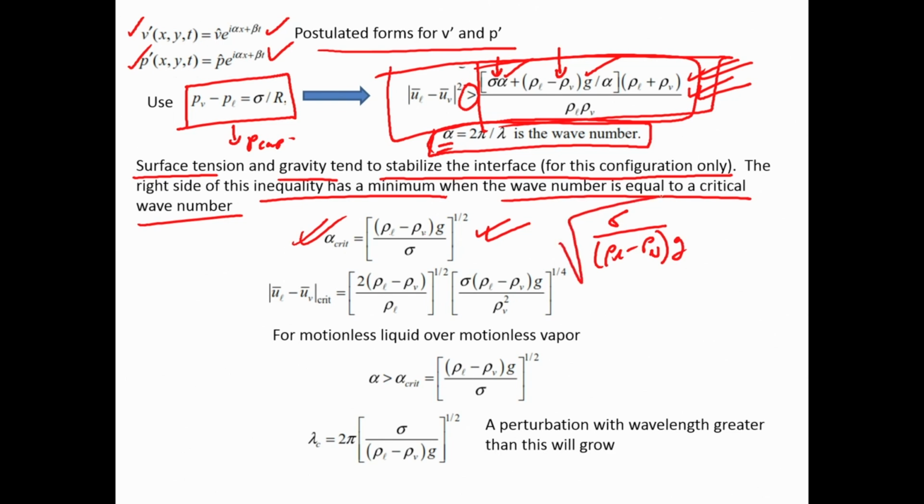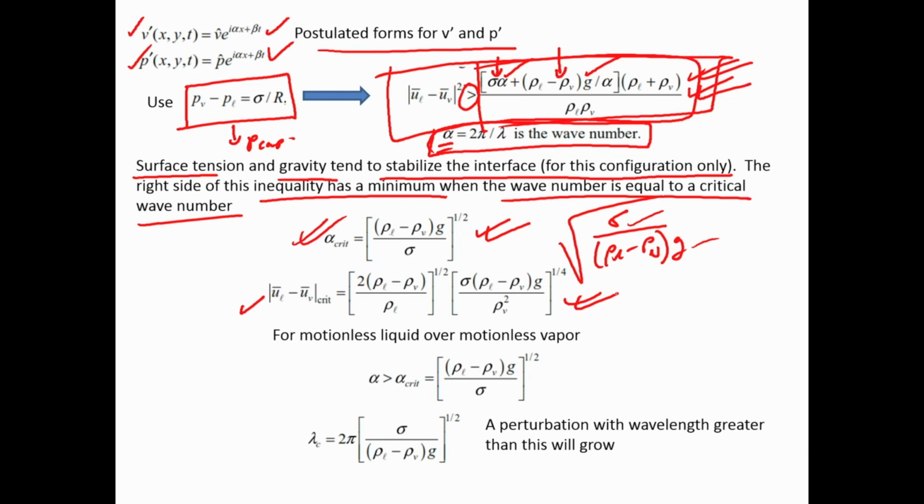It is basically sigma and the corresponding gravity term. Similarly, when you substitute this alpha critical in the expression, you get a critical velocity differential, and that is given by this particular expression.